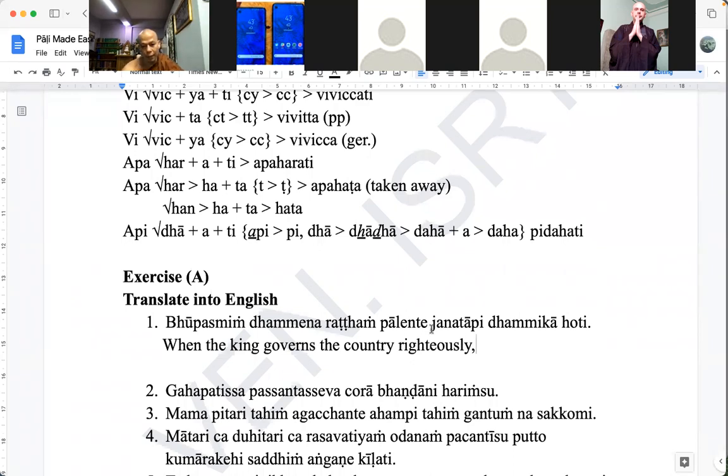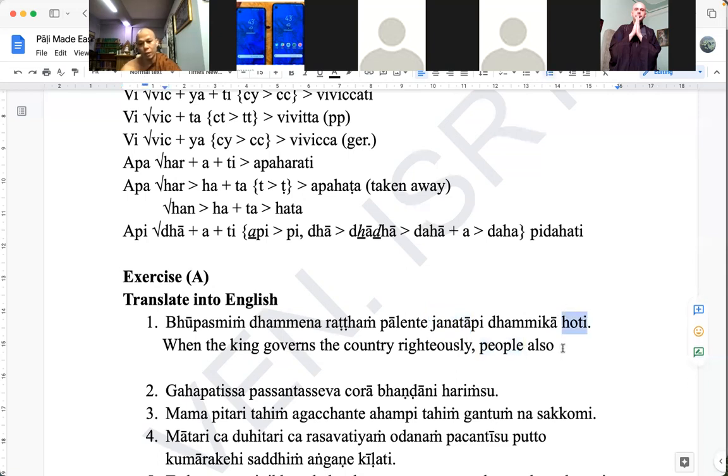And then Janata Pi. So Jana or Janata, people. Okay. So people, pi is also, people also. Dhammika Hoti. So even though in Pali this Janata is a collective noun, that is why it is singular, but in meaning it is plural.